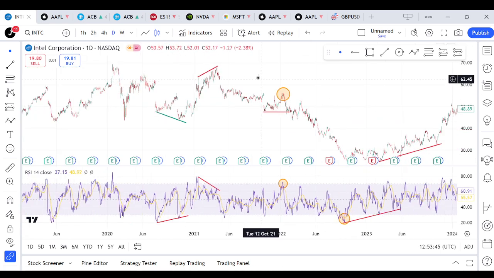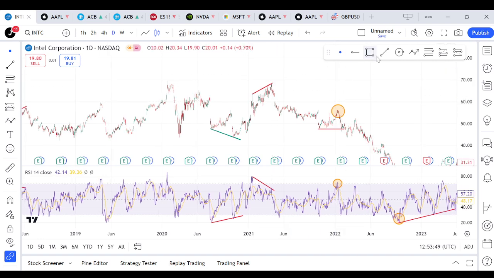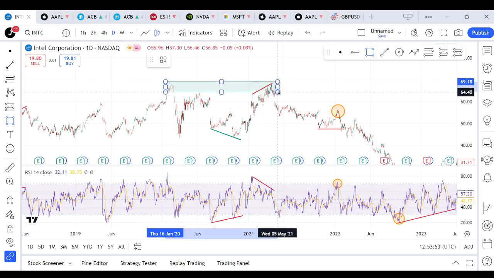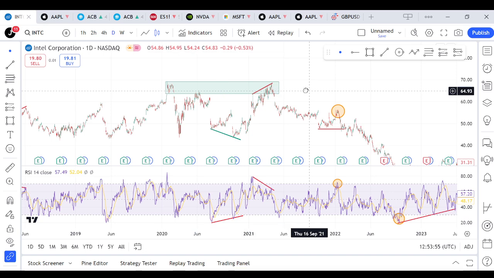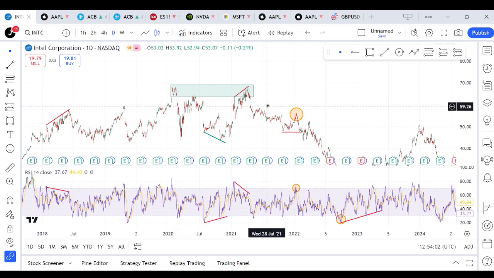So let's look at an example that clearly illustrates this. You can see this is a clear resistance level we have on the chart. We expect price to come back into this resistance level here and give us the push to the downside.